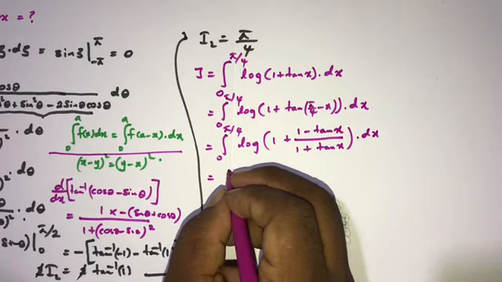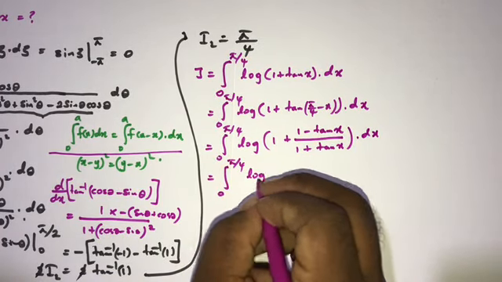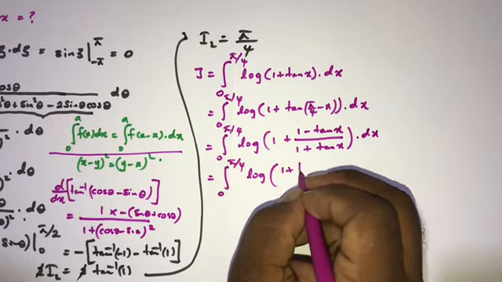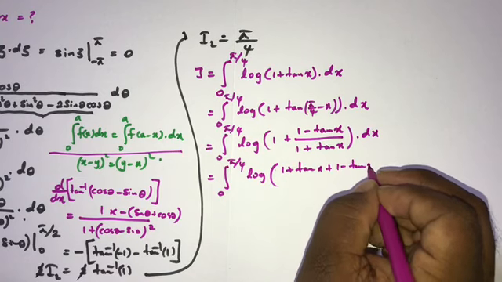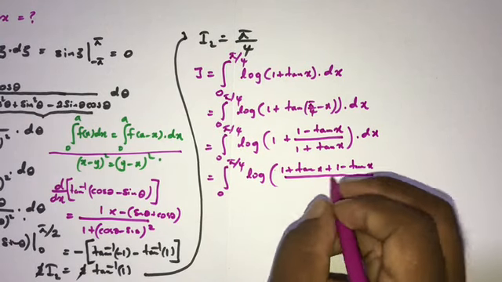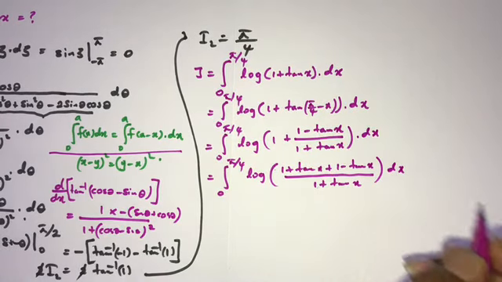Now we can simplify the integral from 0 to π over 4 of natural log of, here 1 plus tan of x plus 1 minus tan of x over 1 plus tan of x dx.